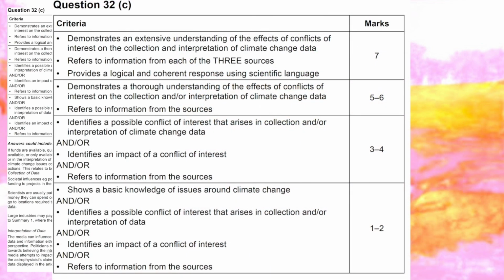Now, another thing with that logical and coherent response: that can mean dot points, that can mean tables of information. It means that the person reading your response is able to clearly understand what you are saying and understand your points. And one of the other things, if you look at that a little bit closer, the difference between the 5, 6, and the 7, similar to the last question, is your writing ability.